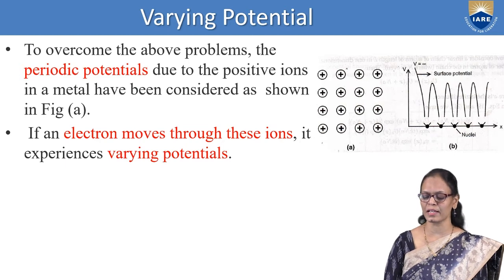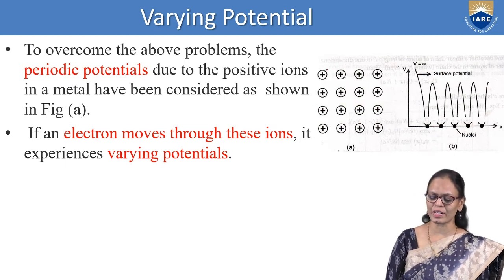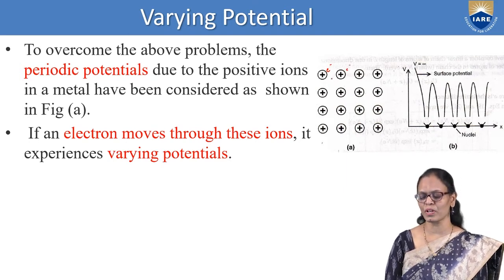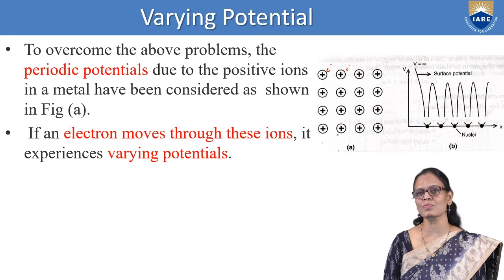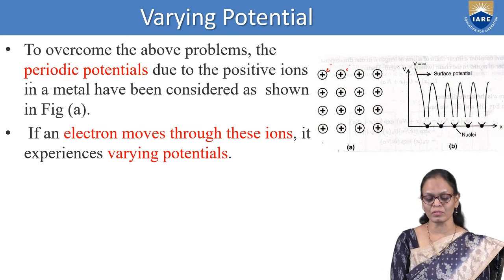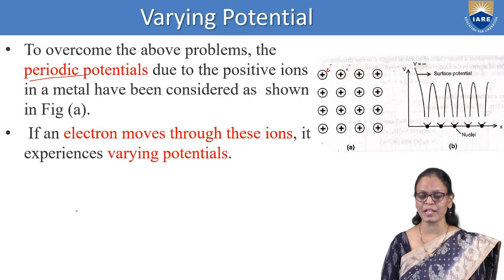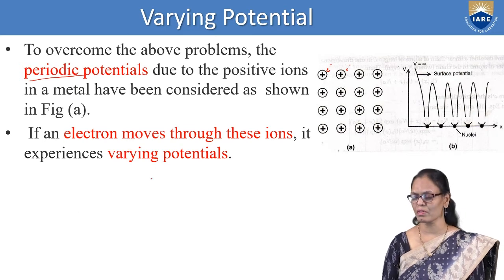If I take this as the crystal lattice, and all electrons are detached from the atoms, you will be left with positive ion cores which are arranged in a periodic fashion, and this electron is now moving in this lattice which consists of positive ion cores. So now the potential has to be periodic. How it is periodic, we are going to understand.